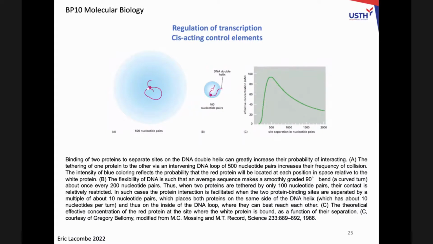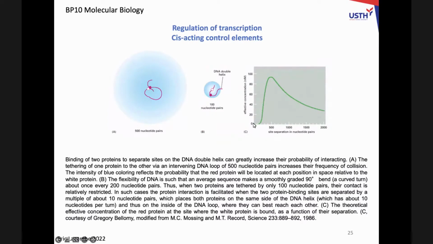Okay, so it's a pure mathematical modelization, this, but based on real experiment. So what they did, the graph on the y-axis, it is the probability that the white protein can get in contact with the red protein. In other words, the higher it is, the more chance you have to have the red that can get in contact to the white.